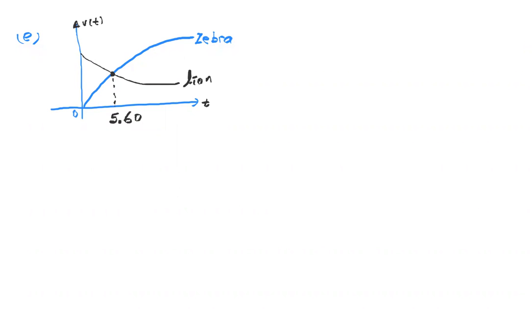After 5.6 seconds, the velocity or the speed of the zebra is greater than the speed of the lion. So the zebra is going to move further and further away from the lion after 5.6 seconds. Therefore, they are closest at that point.